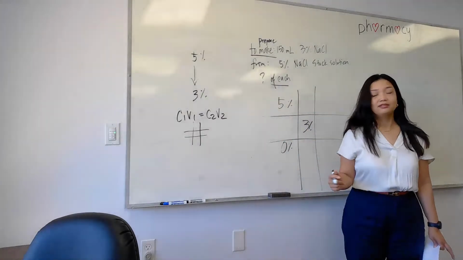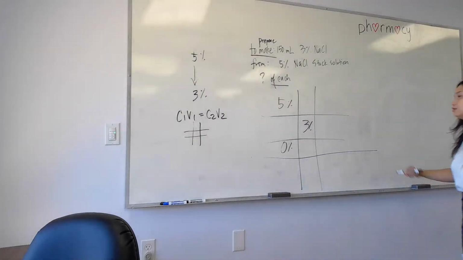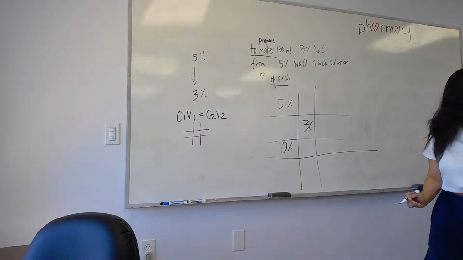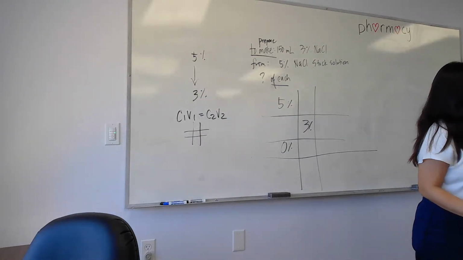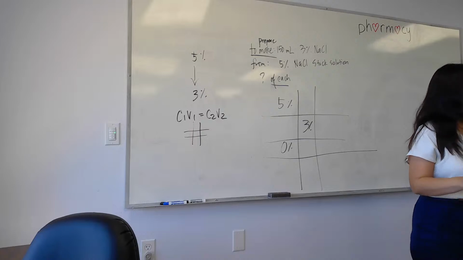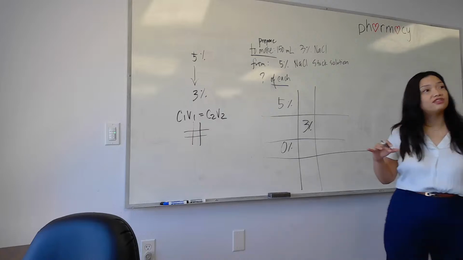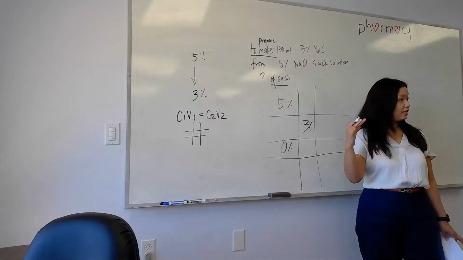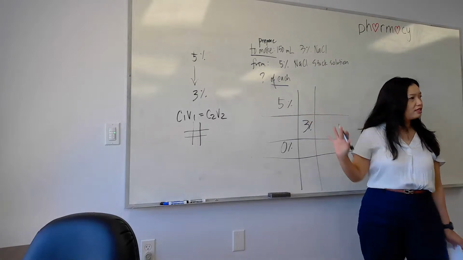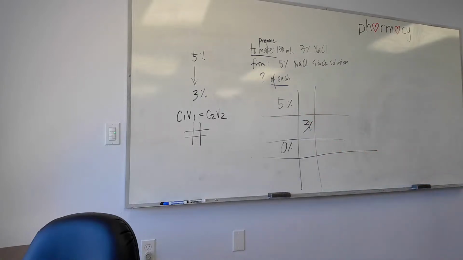Are you following? Okay. Or if it says isotonic, that's 0.9%. You remember that? Isotonic is 0.9%, so anything higher than that is hypertonic. Those are hypertonic solutions. Just terminologies. Now I go back to the problem.